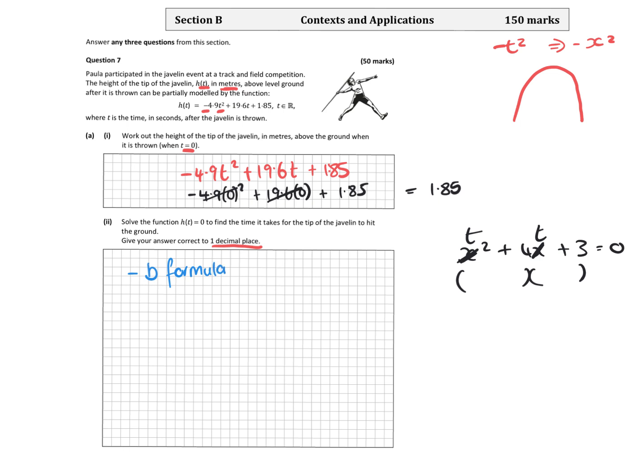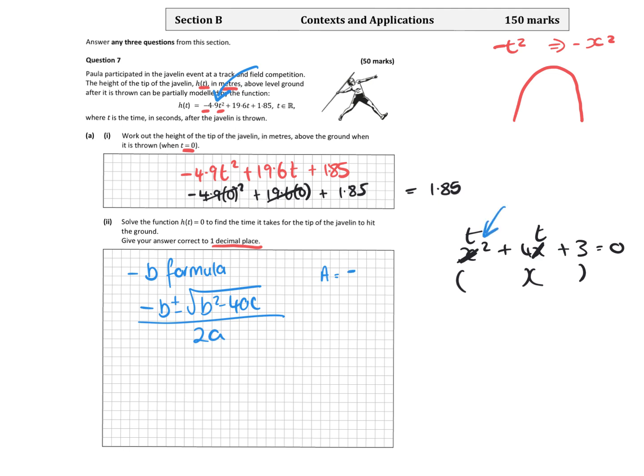In order to get an attempt mark on this question, you needed to write down the minus b formula, which is on the front of your log tables, and then you needed to say what your a, your b, your c was and do some substitution. So a is equal to the number in front of the t squared or the x squared. That's your a.